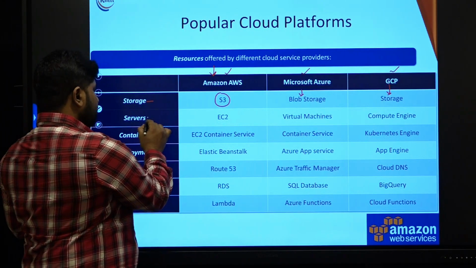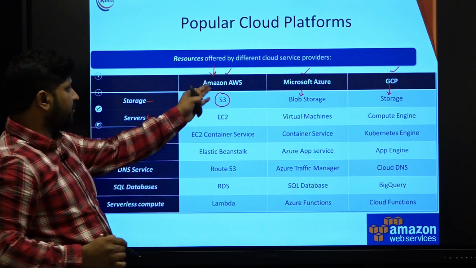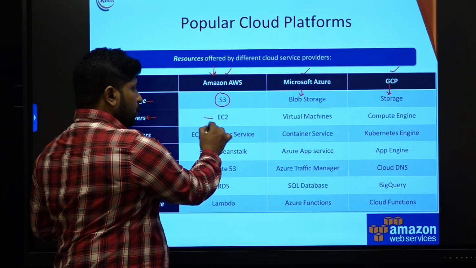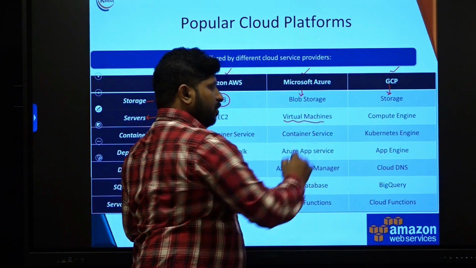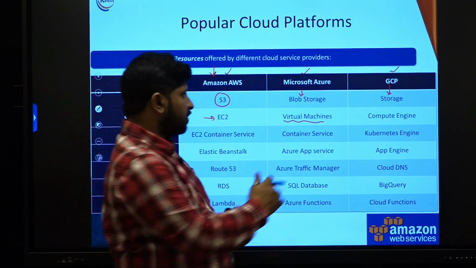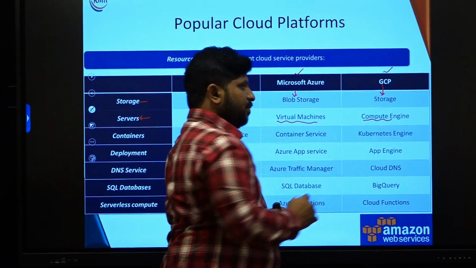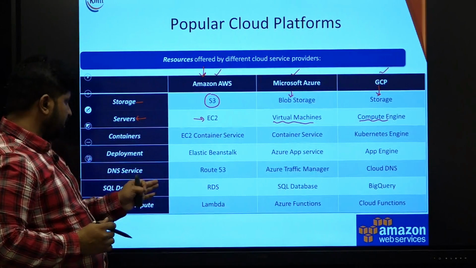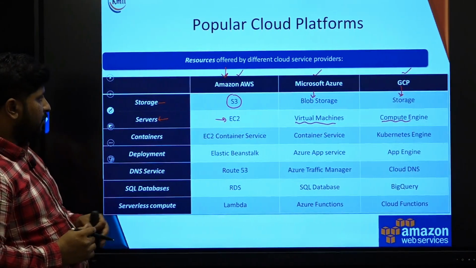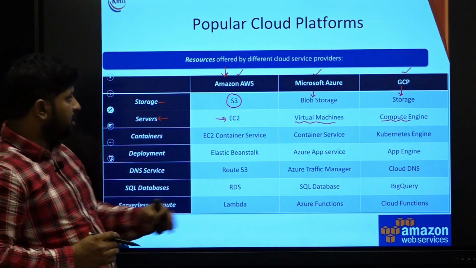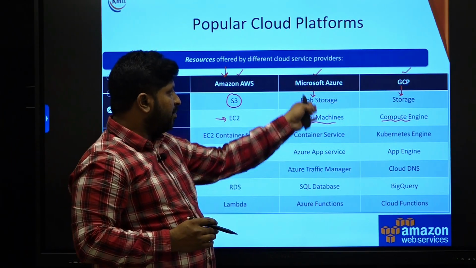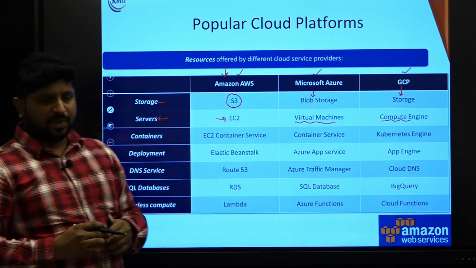At the same time, the servers, virtual machines, are provisioned by Amazon in the form of EC2, whereas Microsoft provides them in the name of virtual machines, and GCP in the name of compute engine. There are many other services, where Amazon has adopted certain terminology. At the same time, Microsoft and GCP are adopting some terminology.